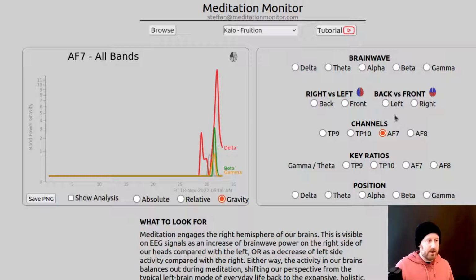It looks like Kaio's method very much engages the front half of the brain, while my method engages the back. And especially, it looks like AF7, which is front left. There is some interesting activity here, but it looks like the majority of the exclusive activity happens in the front left location.